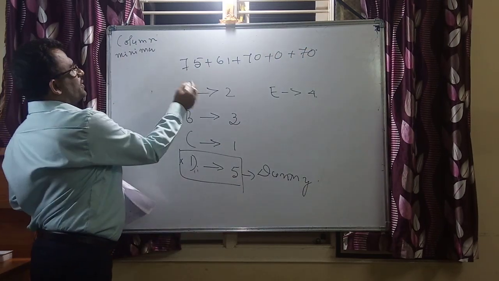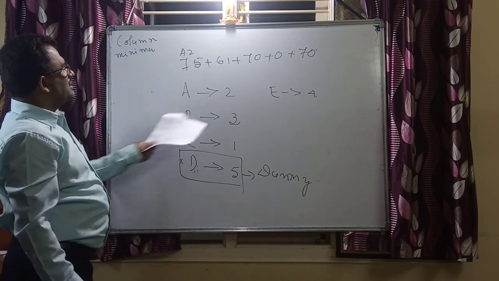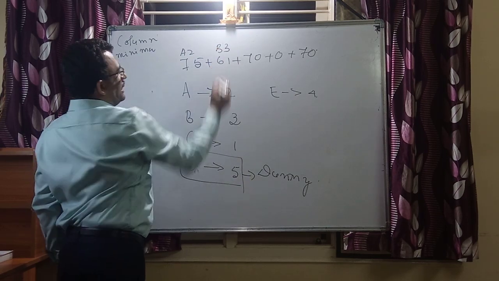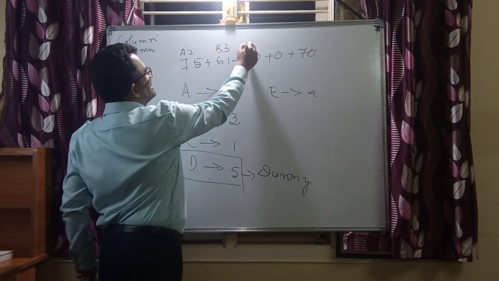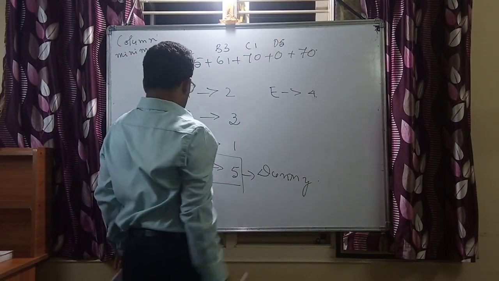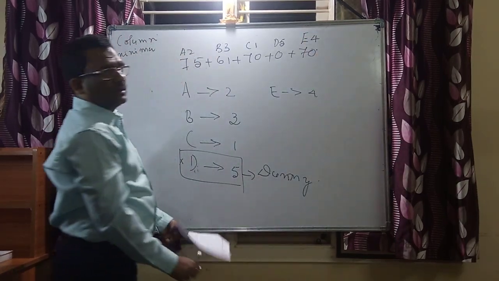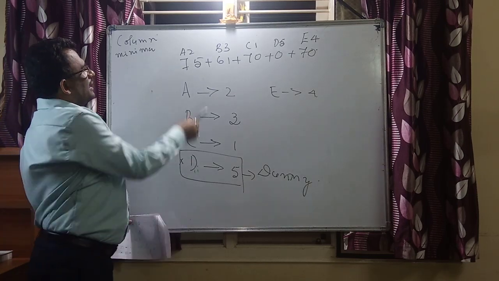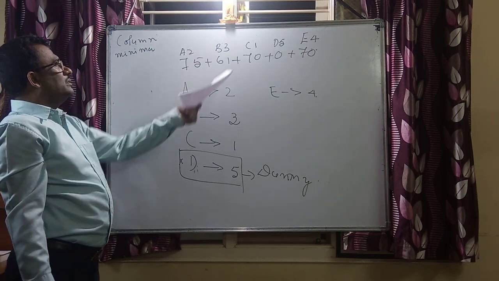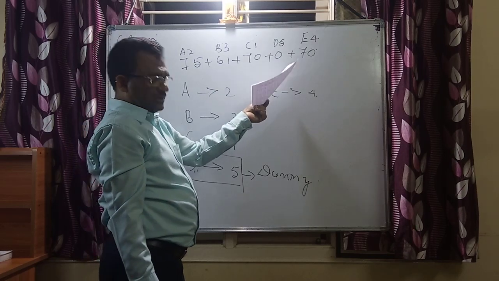That is A2, B3, C1, D5 and E4. Employee A is matched with job 2, employee B with job 3, employee C with job 1, employee D with job 5.